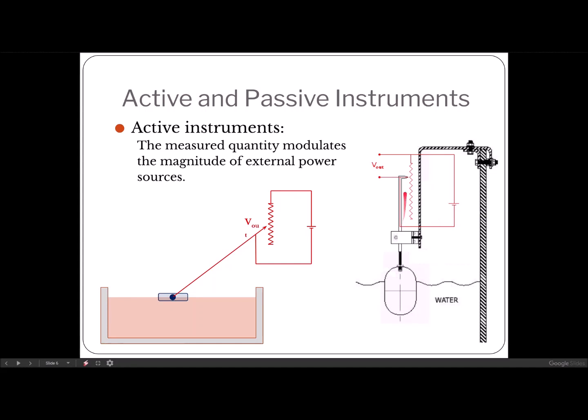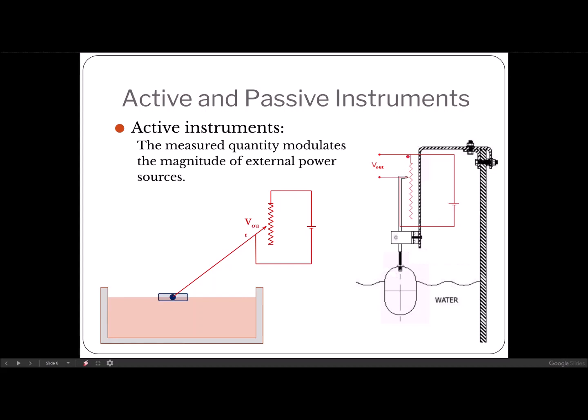When this bar is moving up, the length of this resistive element will get shorter, and the shorter the connected length of this resistive element is, the smaller the resistance between these two points.